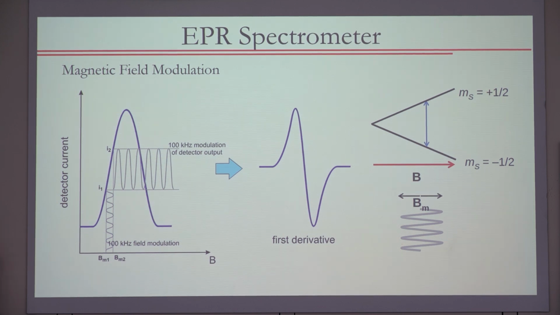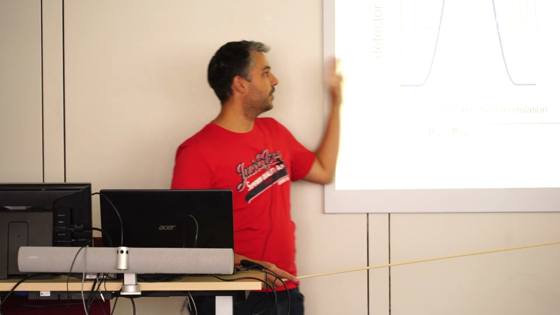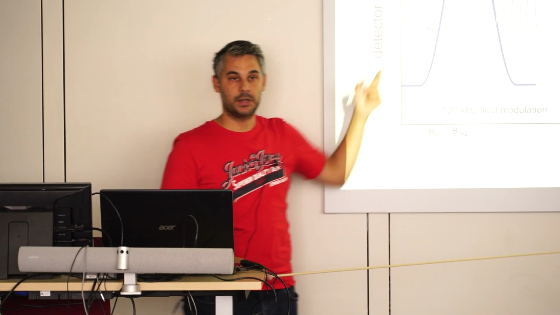There are many experimental settings, and I cannot go through all of them, but one of the most important is field modulation. This will be an absorption signal. That's what initially you would detect if you don't have any field modulation. But while you're sweeping your external magnetic field, you put on a small oscillating magnetic field that usually goes at 100 kilohertz. That is a much lower frequency than the actual frequency that you use to induce EPR transitions.